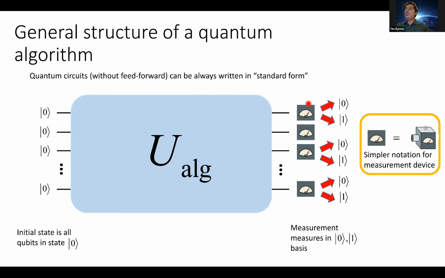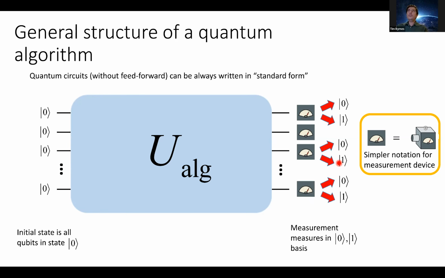You just show a meter to imply that this is a measurement, and each one of these will randomly give 0 or 1 according to the quantum mechanical probabilities. And basically, this covers just about every quantum algorithm that's known.